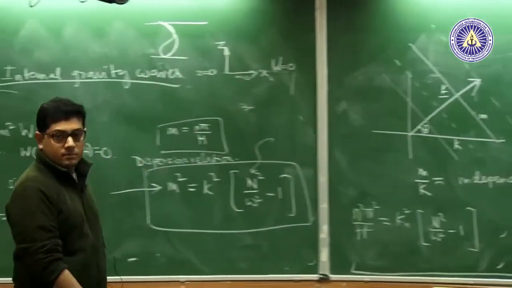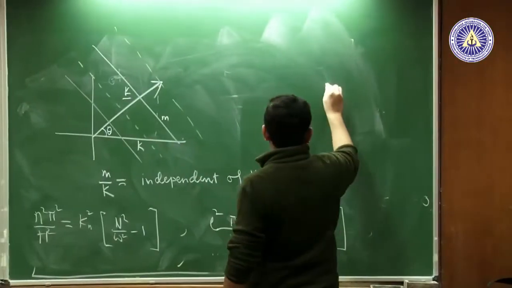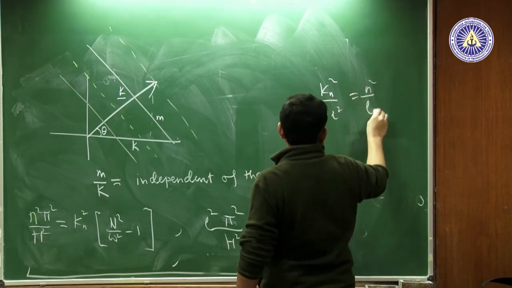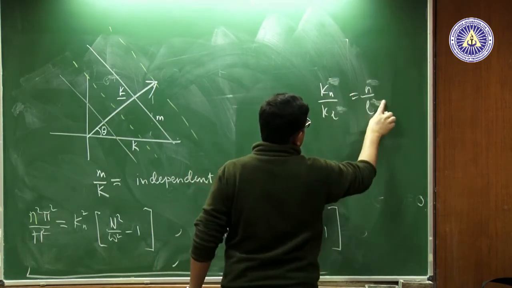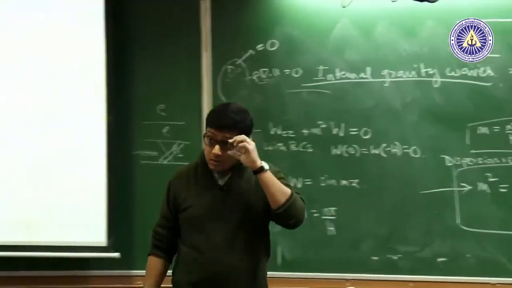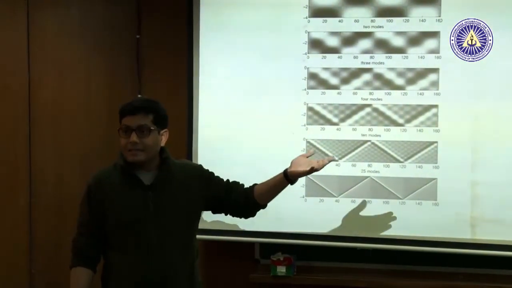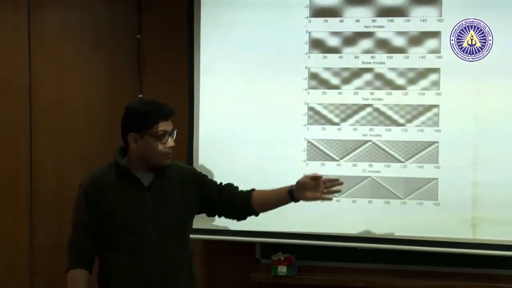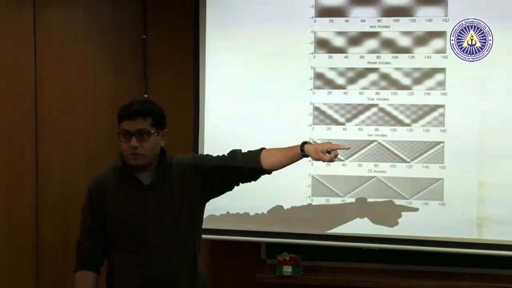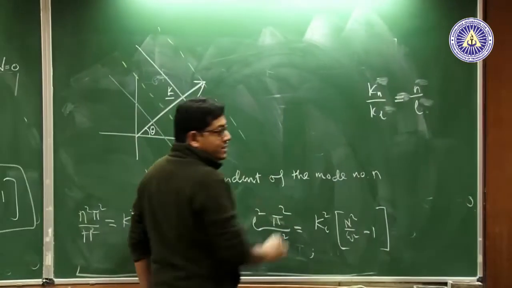If you take the ratio k_n square by k_L square, it is n square by L square, or k_n by k_L is n by L. Which means that n and L are integers, natural numbers, so the ratio is going to be rational, and the more important point is the periodic structure is always maintained.